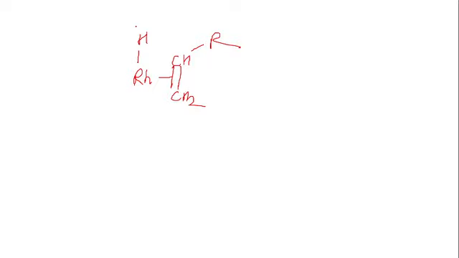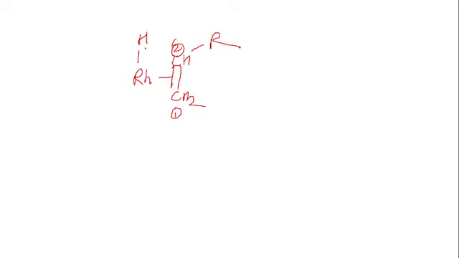How is the structure? This is RH, and this is bonded to CH, and this is R, and this is CH2. Here the hydrogen is there. The migratory group is hydrogen. This is carbon number 1 and this is carbon number 2.